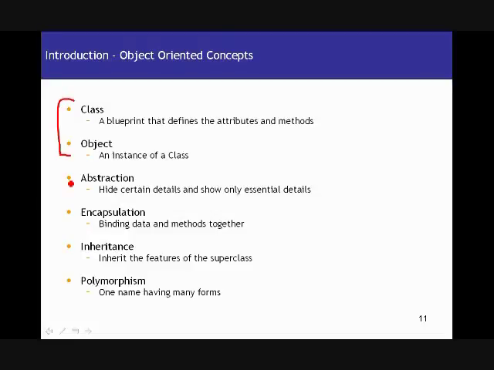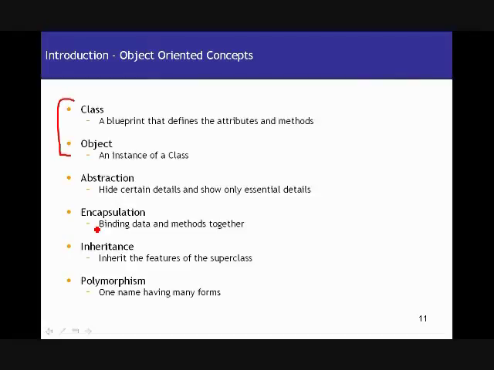Encapsulation is binding data and methods together. The end product of encapsulation would be data hiding. As you implement encapsulation, you end up employing the data hiding functionality. For example, you have an employee class in which you have the salary as an instance variable, and you've got a set salary method. I don't want just anybody to come in and set the salary for an employee.